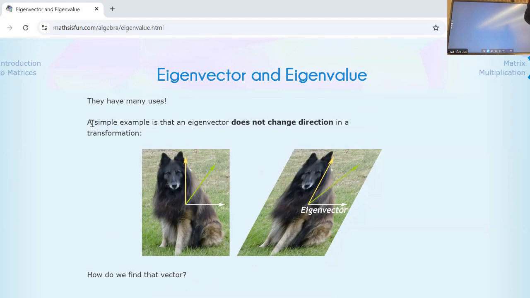It's like doing a transformation over that matrix. And there are some vectors that don't change in direction during that transformation, and those are called eigenvectors. The reason is that the data is symmetric with respect to that.